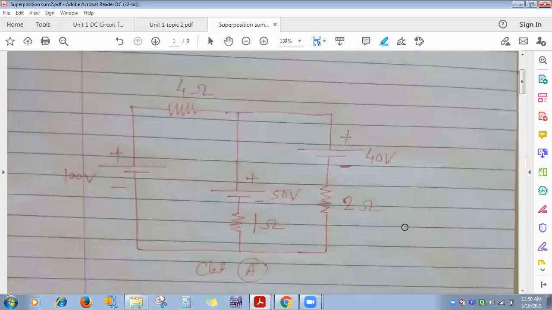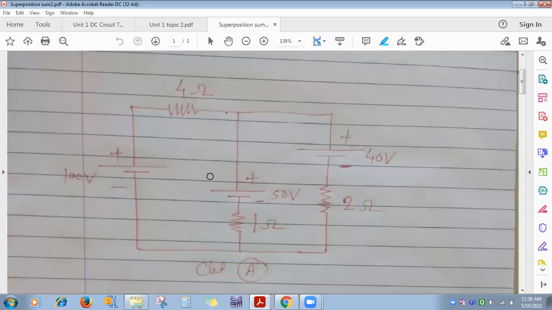So you will be asked to find out the current flowing through this resistance or this resistance or this resistance, or voltage drop across any of the resistances. Finding out the unknown parameters is called simplification of electric circuit, or simplification of electric networks, or analysis.